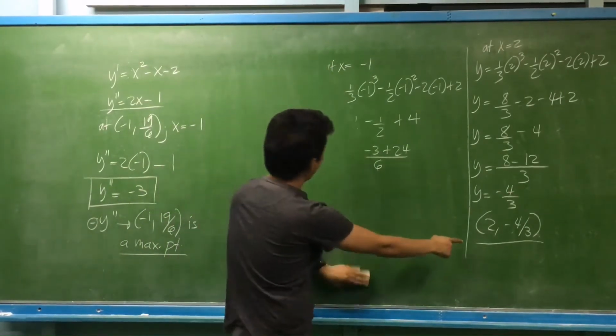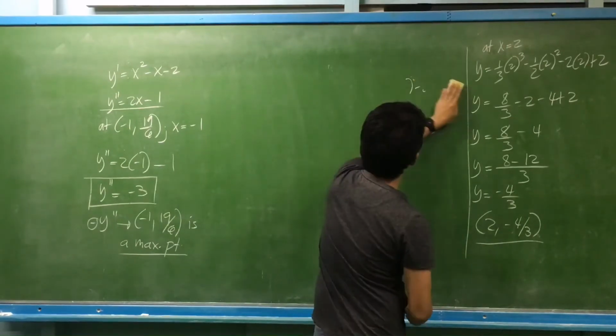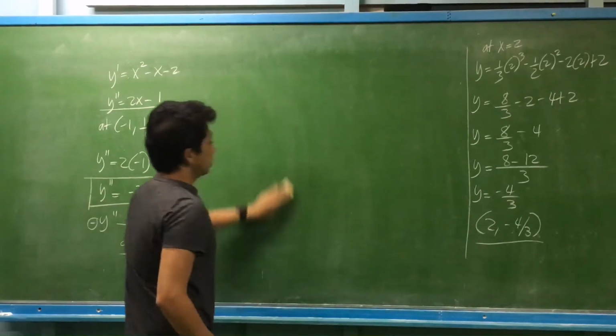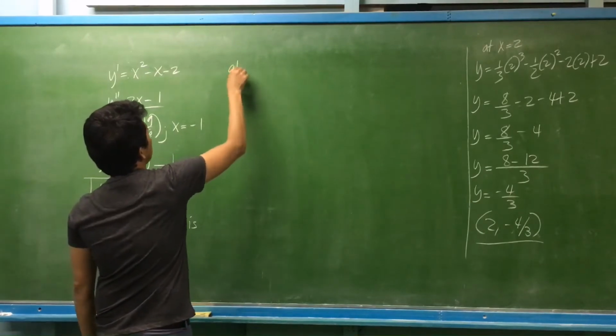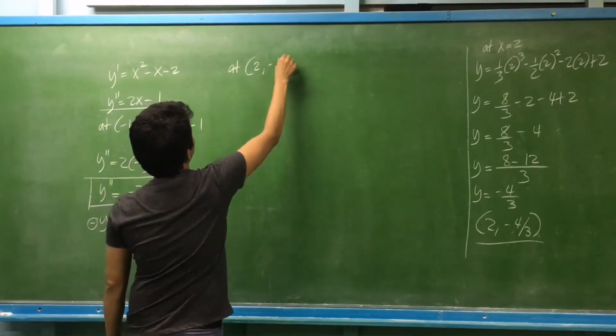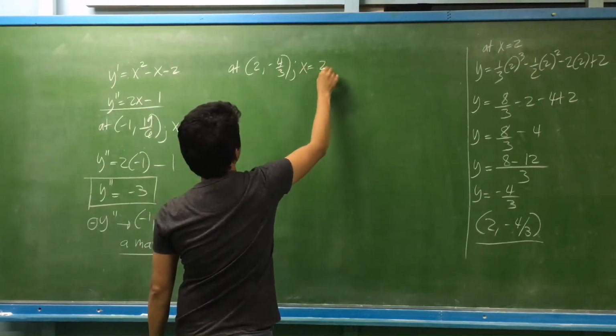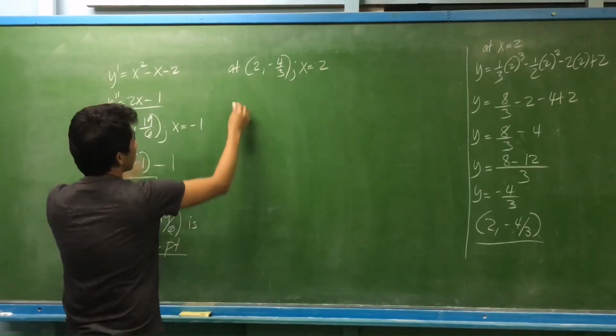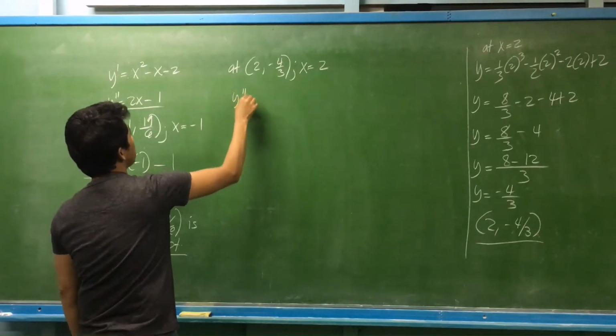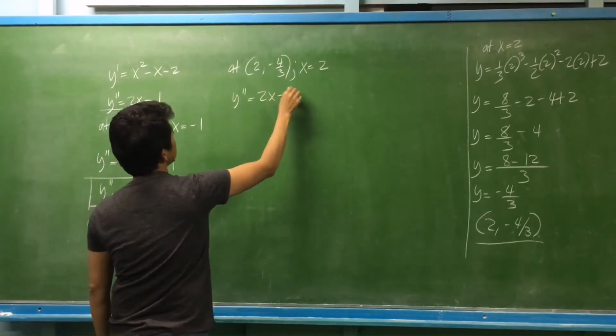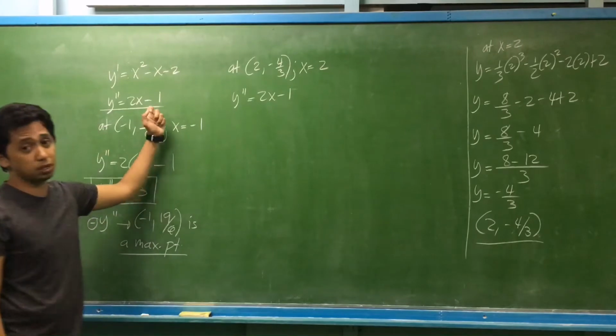Okay, so let's consider the other point, at 2, negative 4 over 3. We are using x equal to positive 2. From the second derivative, y double prime is equal to 2x minus 1.